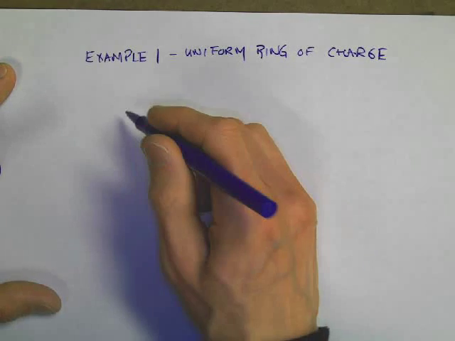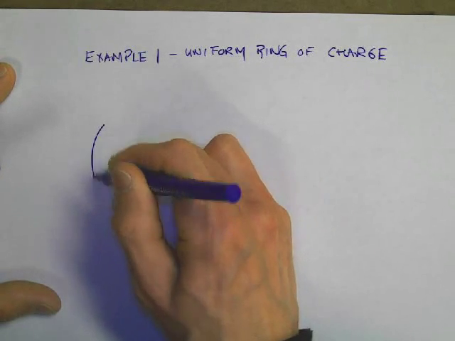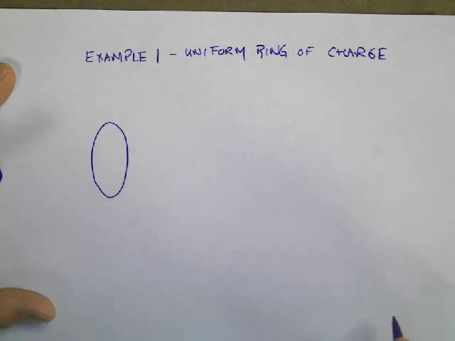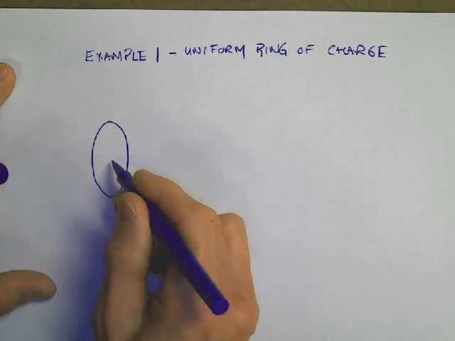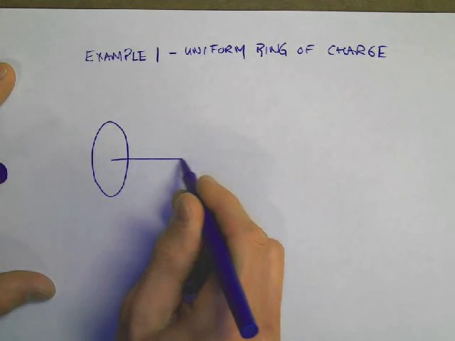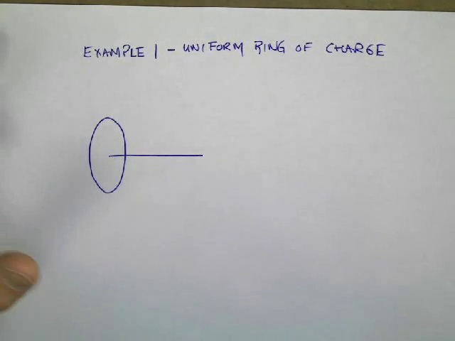I'm going to sketch the ring. And I'm going to draw an axis, its primary axis of symmetry.